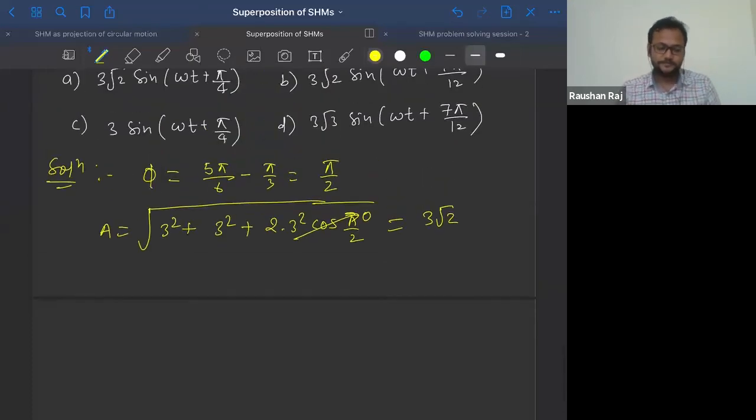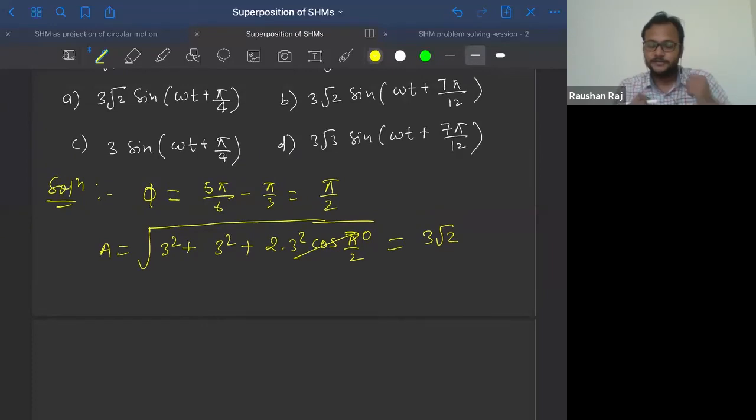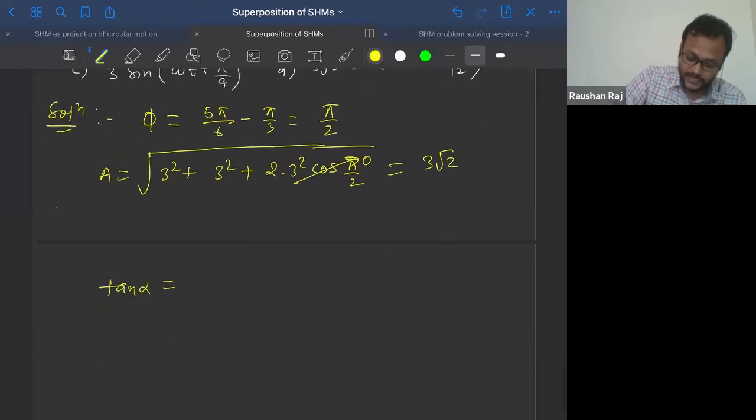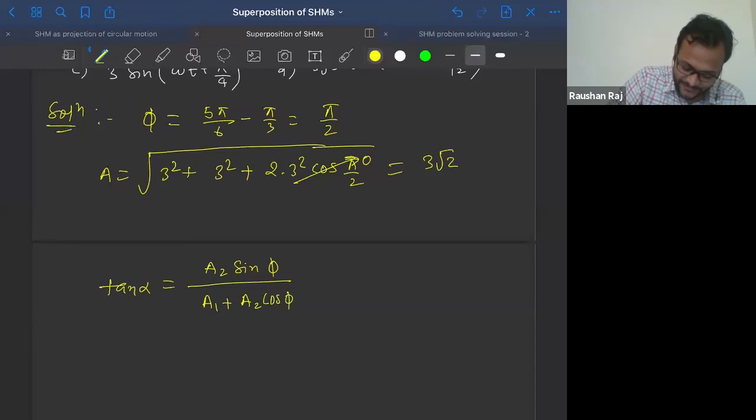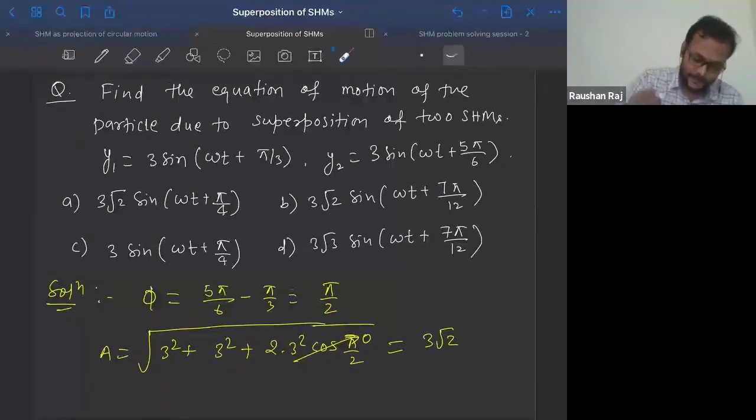Don't do that. Okay. Now let us go to the angle alpha. How are we going to find the angle alpha? So tan alpha will be equal to A2 sin phi divided by A1 plus A2 cos phi. Don't worry Tanmay, I'll tell you the meaning of bhang. Now, what is A2 here?